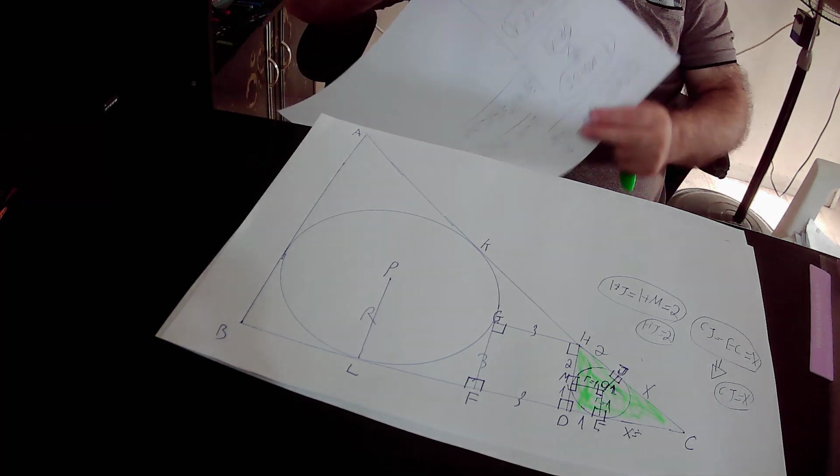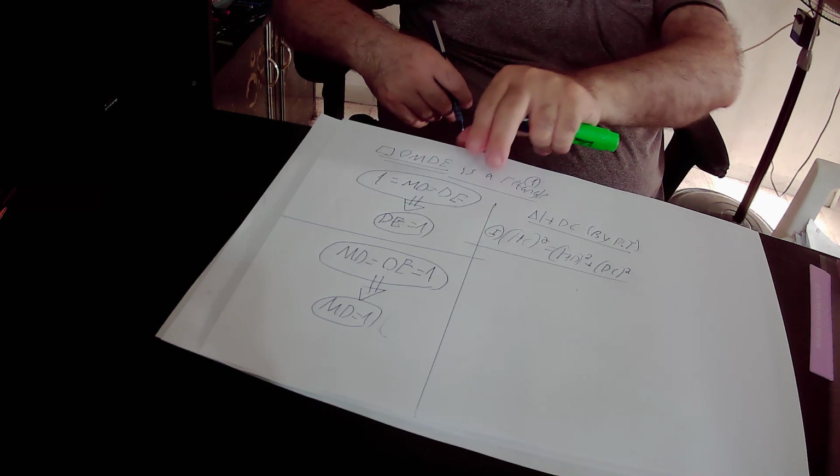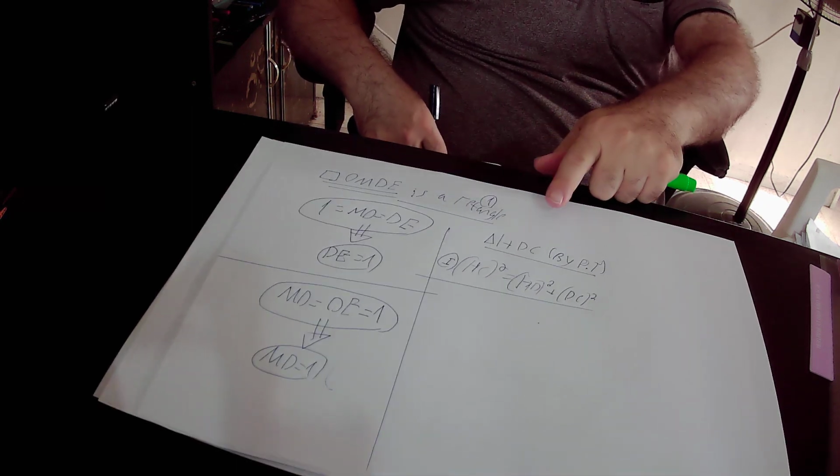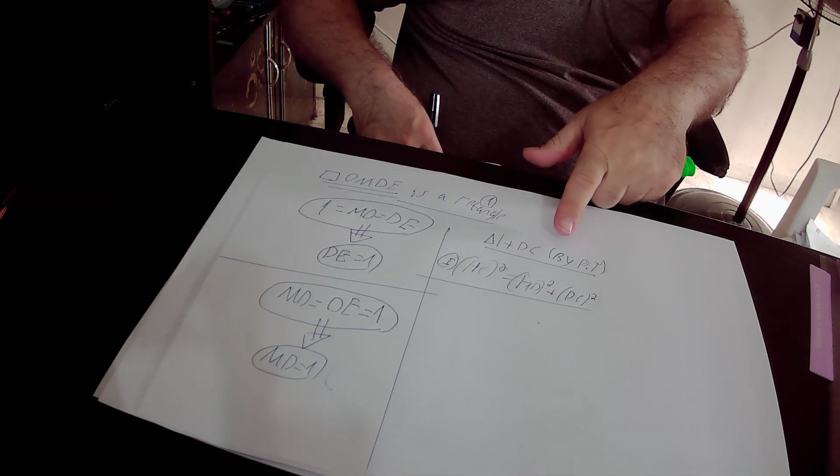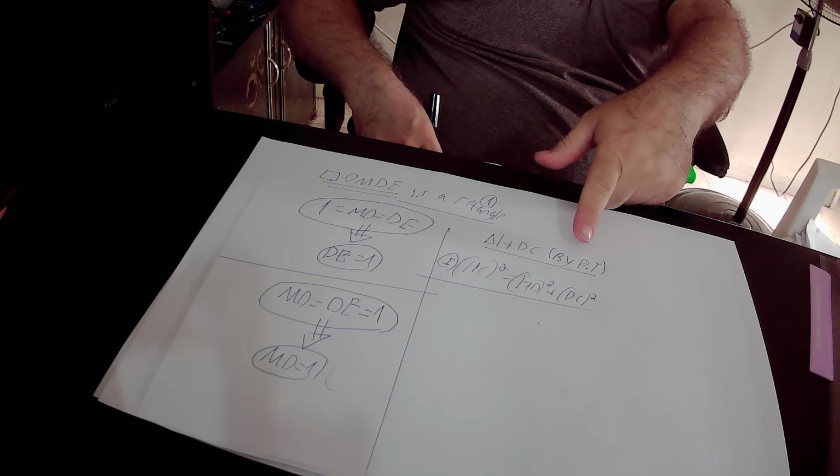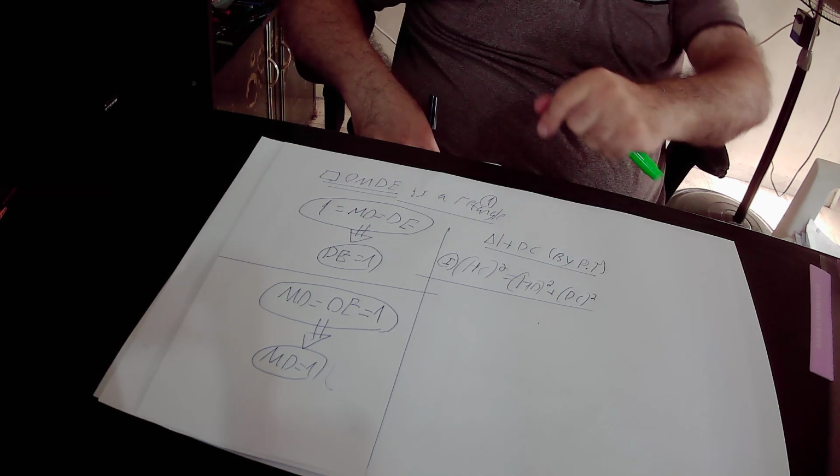Repeat again, according to the Pythagoras theorem, in the right green triangle HDC, HC squared equals HD squared plus DC squared.